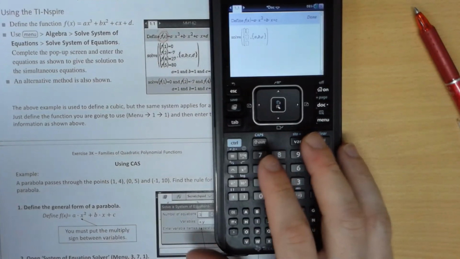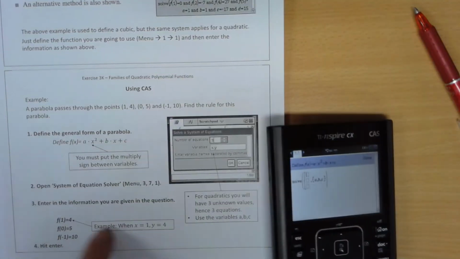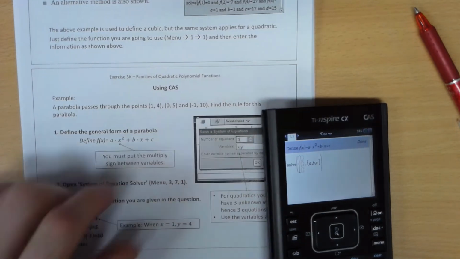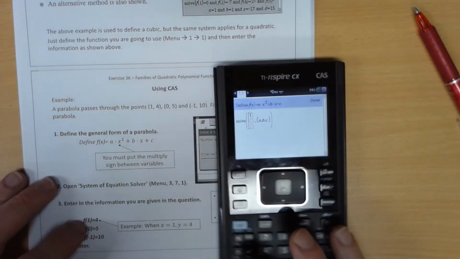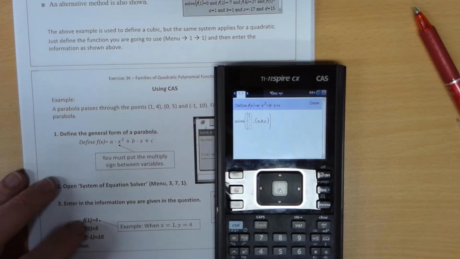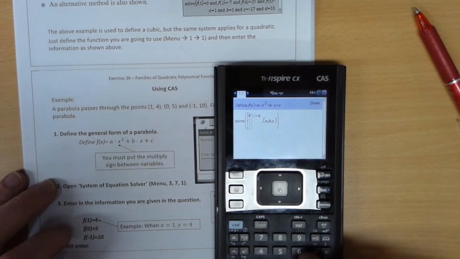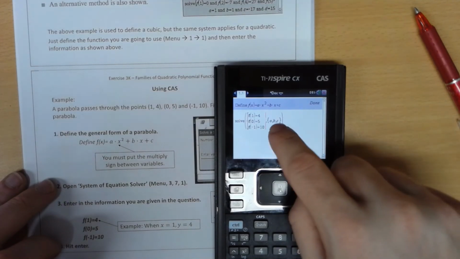Okay, so you can put all your known points in. So if we go down to this example here, we are given coordinates of 1, 4, 0, 5, negative 1, 10. Okay, so you would put that in as f of 1 equals 4, f of 0 equals 5, and f of negative 1 equals 10, and we're going to solve for the unknowns a, b, c.